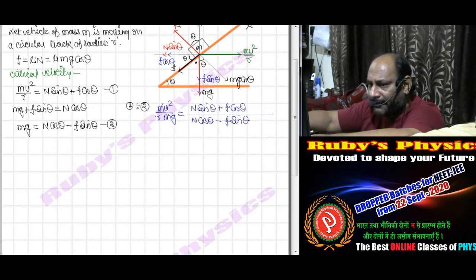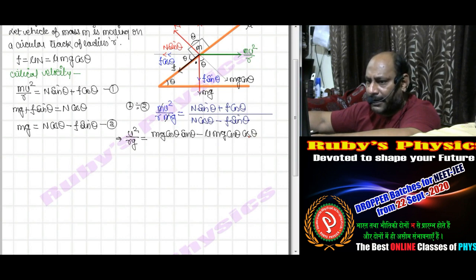See, here m and m will cancel out, so can I write from here, it is v square by rg, that will be equal to, now see carefully, I am going to put the values of N and f. N, as you studied, is mg cos theta into sin theta minus f. F is mu mg cos theta, and there is one more cos theta.